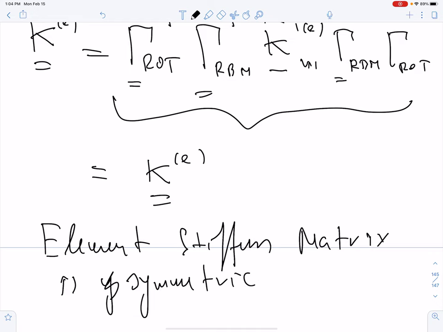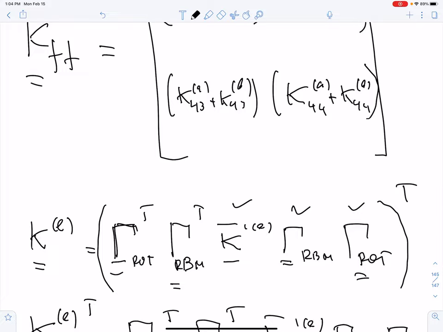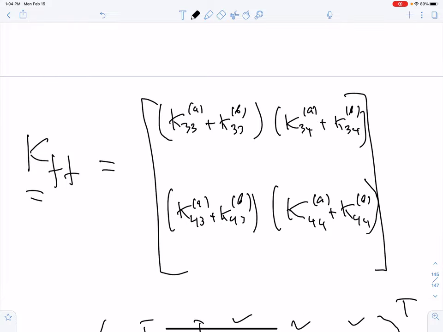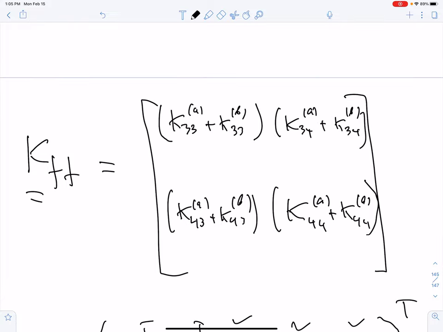Okay. And now if you look at the definition of KFF, either through the booleans or through the operations that we've developed, if you look at the off-diagonal entries, K34 makes it into the 1, 2, and K43 makes it into the 2, 1. Because the element stiffness matrix is symmetric, these two entries equal each other.